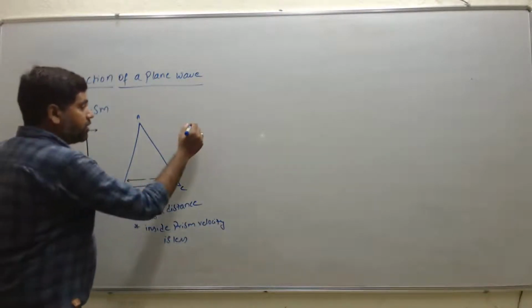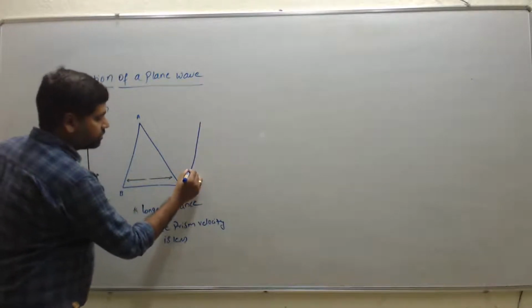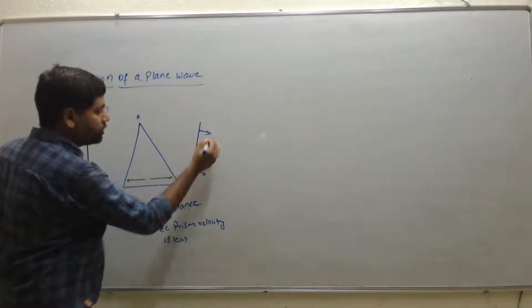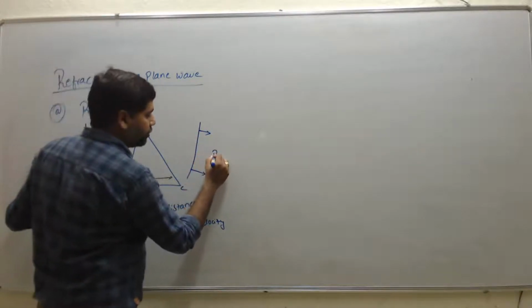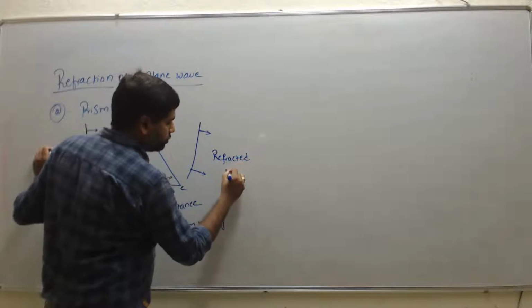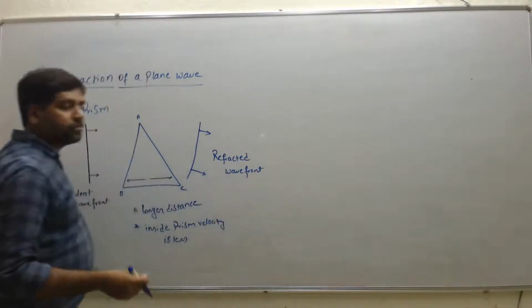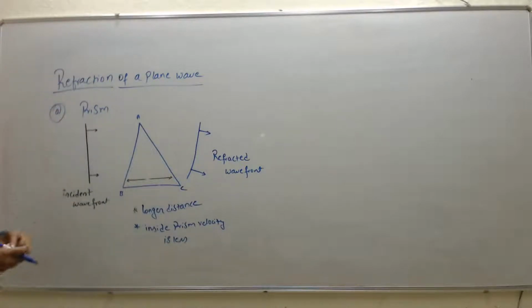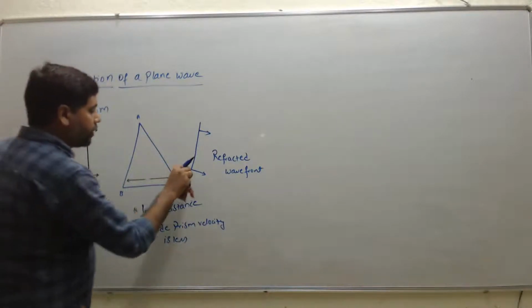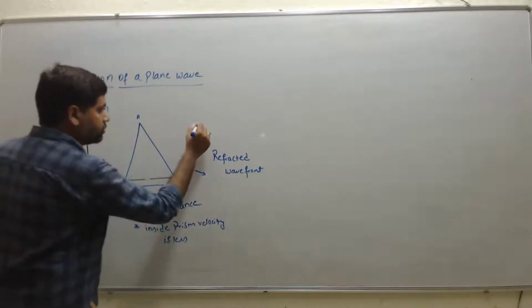Hence, the refracted wavefront will be tilted like this. So this gives the refracted wavefront. This is what happens when the wavefront travels into the prism.